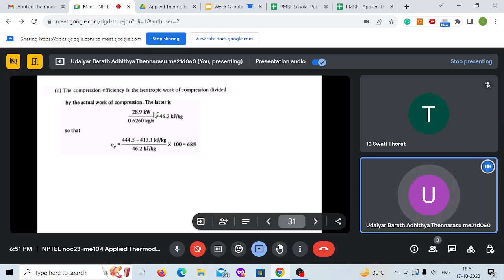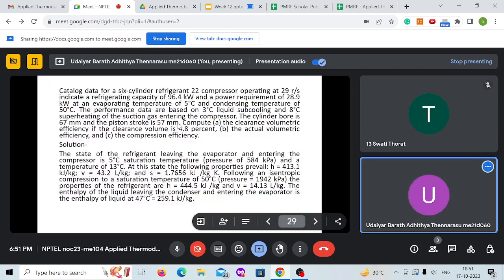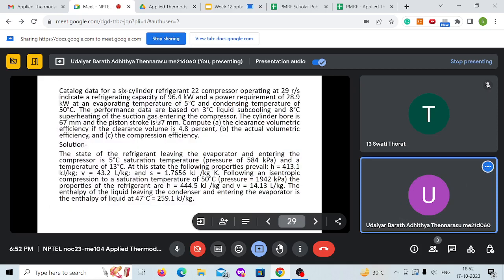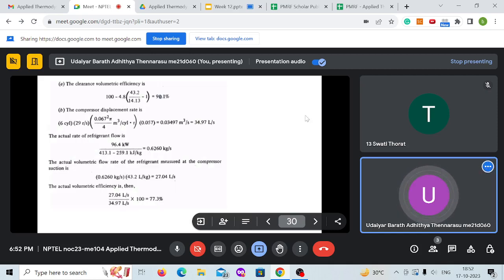So for that, we will find the difference between the compressor enthalpies, 444.5 minus 413.1. The specific power requirement is given as 28.9 kilowatt.